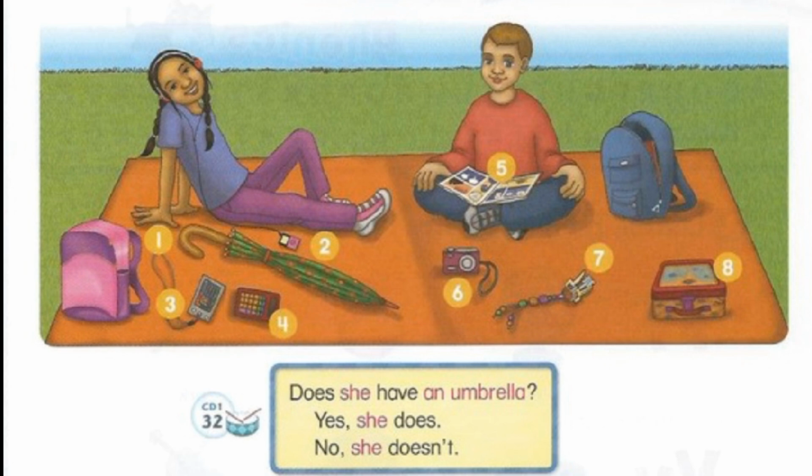Ask your partner. Number 1, does she have a bag? Yes, she does. Does she have a camera? No, she does not. Number 2. Does she have an umbrella?